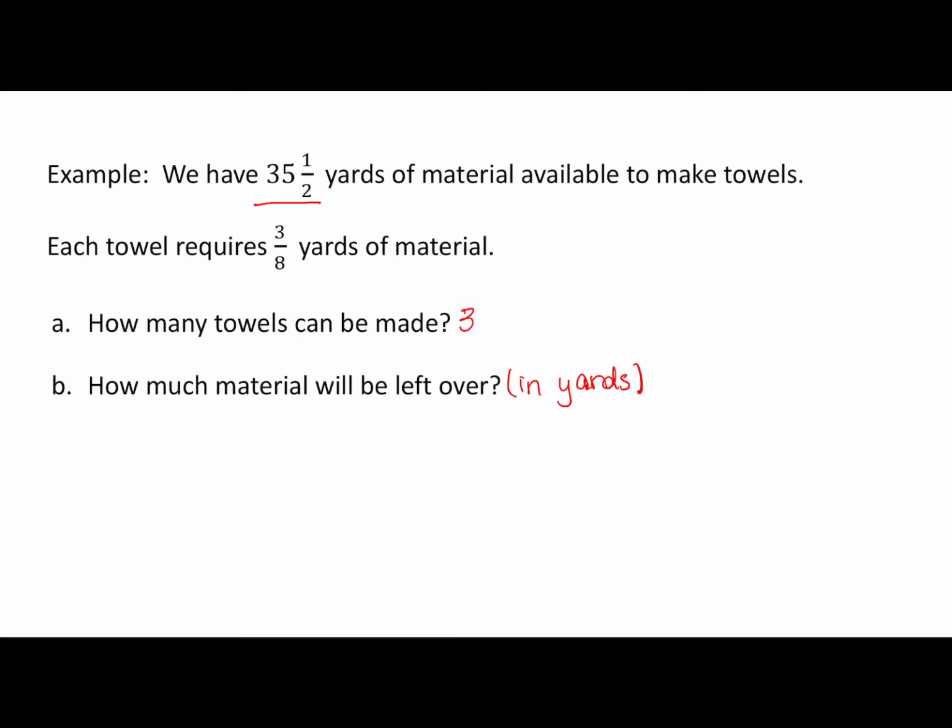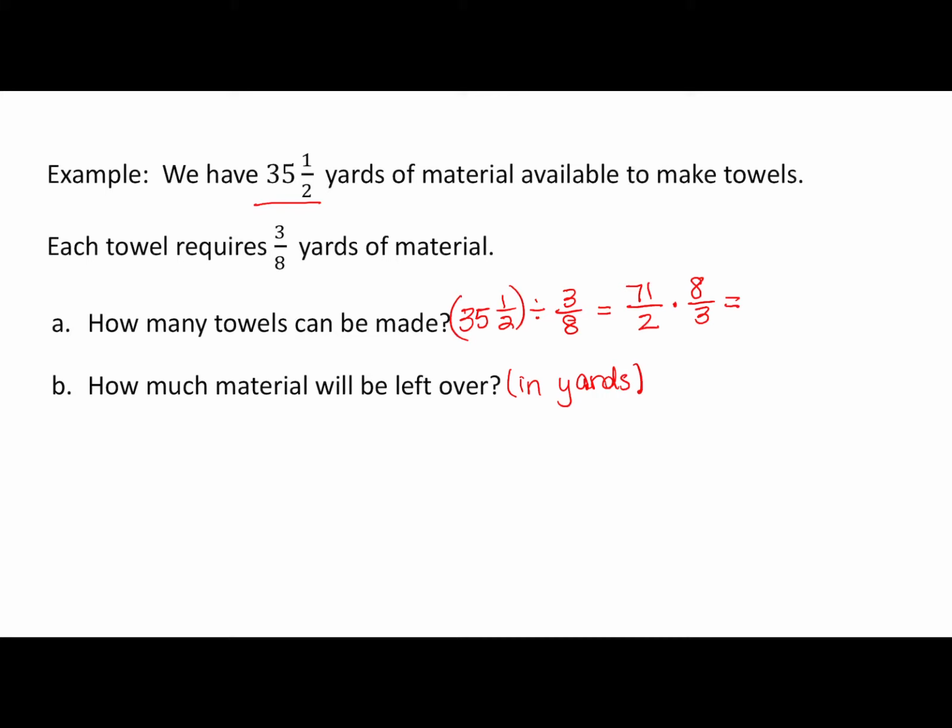I want 35.5 divided by 3/8. Now the best way to do this is to write 35.5 as an improper fraction. So 35.5 is going to be 71 over 2, and dividing by 3/8 is the same as multiplying by 8 over 3.